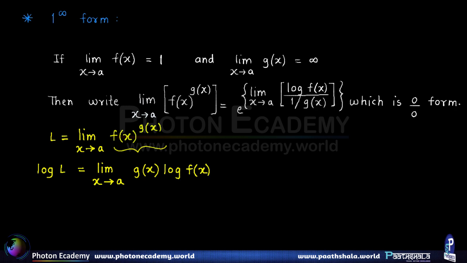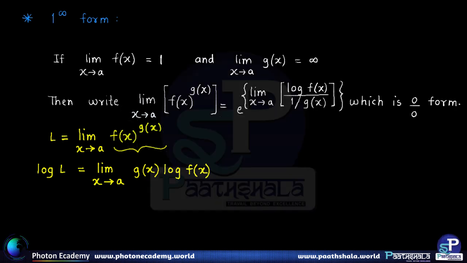Now if we check, the original limit of f(x) tends to 1. So if f(x) is tending to 1, it means that log of f(x) will tend to 0, isn't it? And g(x) is given to be tending to infinity.